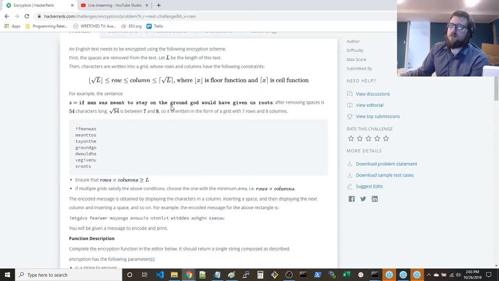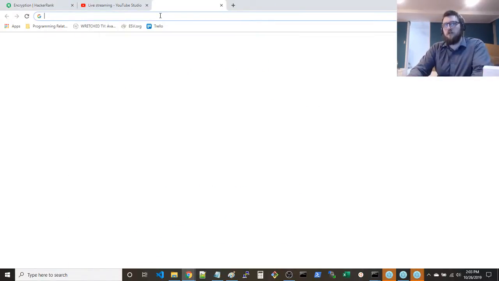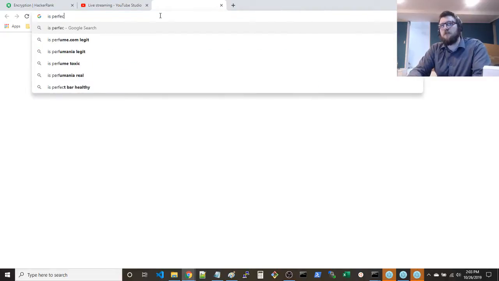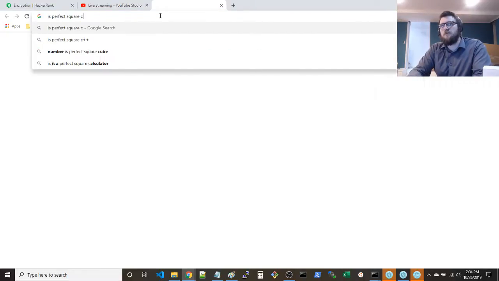Yeah, use exactly the floor of the square root if it's a perfect square. How do we know if it's a perfect square efficiently, though? That's another question, that predicate. Is perfect square closure?